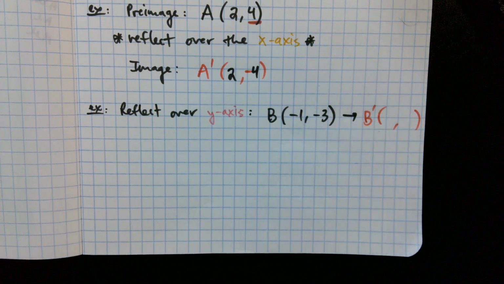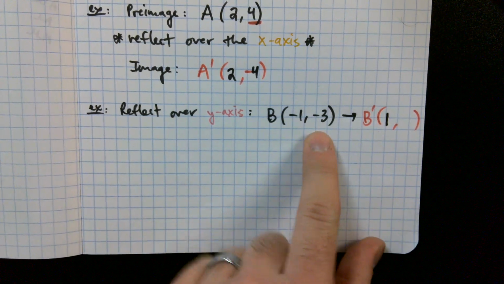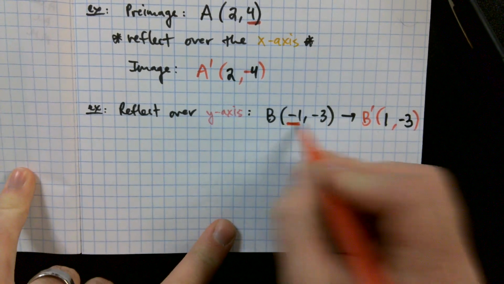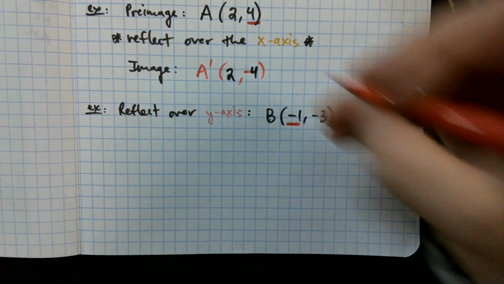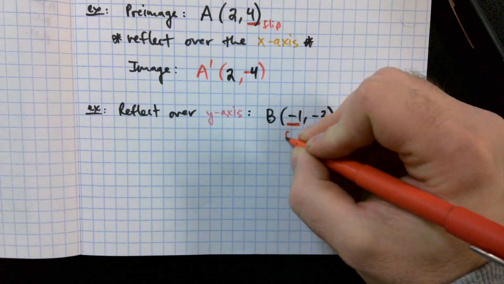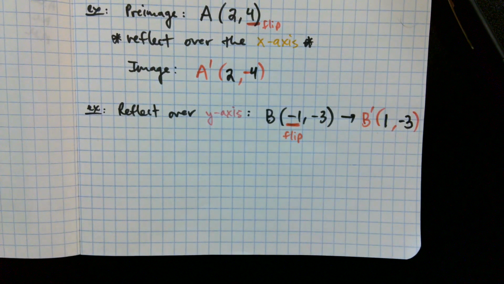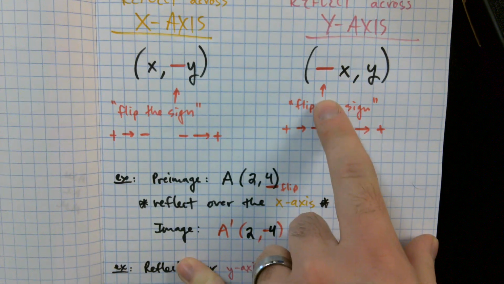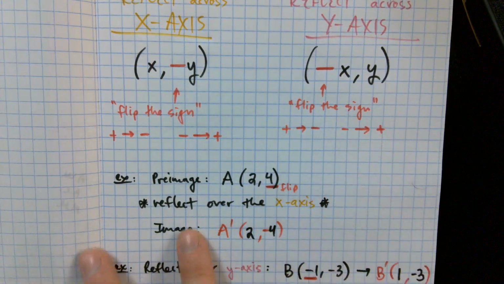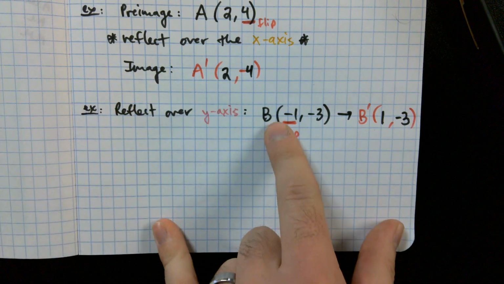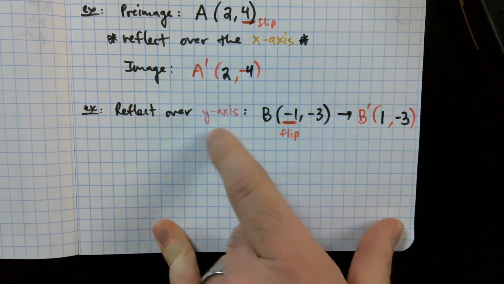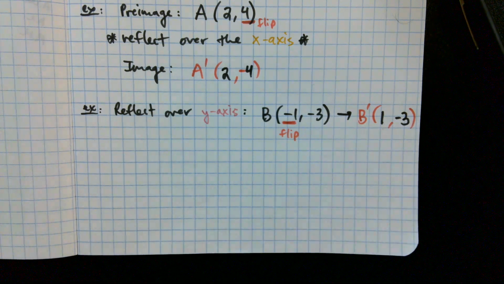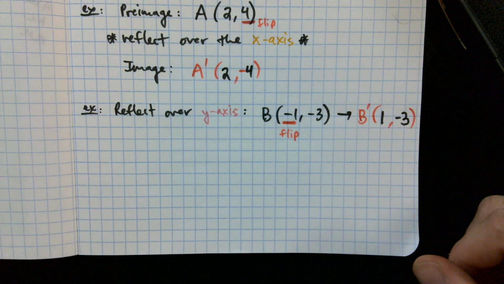Positive 1. (1, ...). Am I doing anything with the y though? Nope. It stays as -3. Right? So even though my x coordinate is already negative, what my rule is telling me to do is to flip the sign. So if it's negative, it becomes positive. (-1, -3) reflected over the y-axis becomes (1, -3). We're not flipping both of them, right? We're just flipping the one.